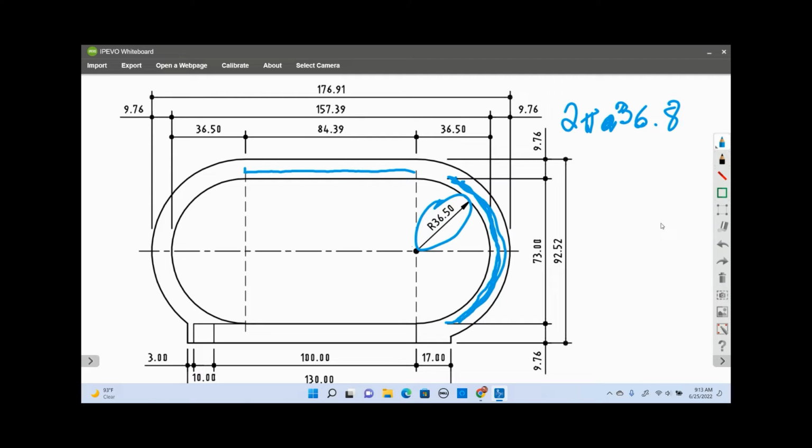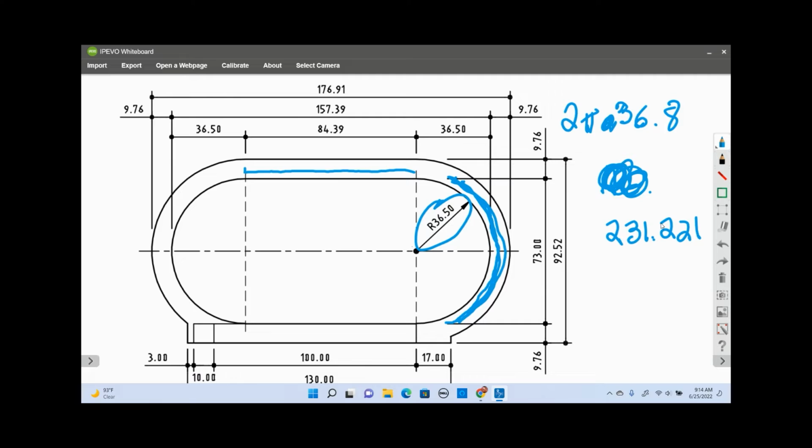That's for just one semicircle. For the whole thing, we're going to get 231.221.